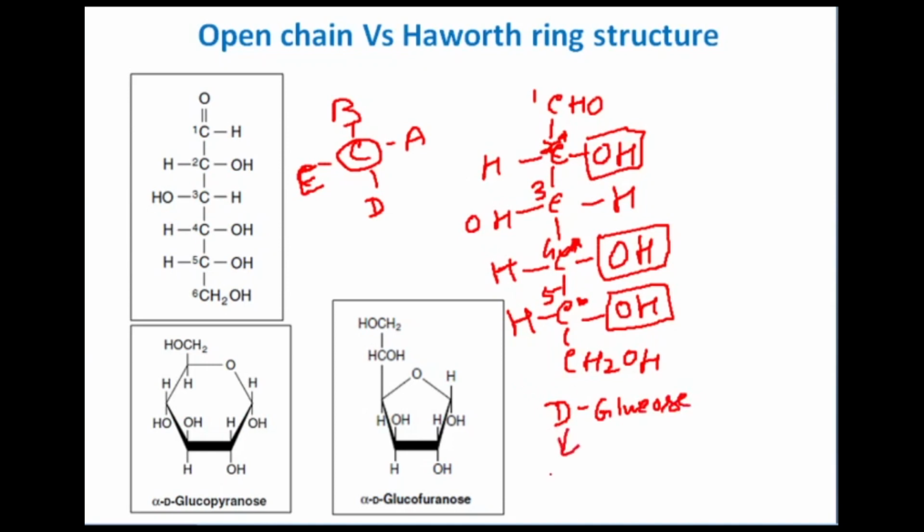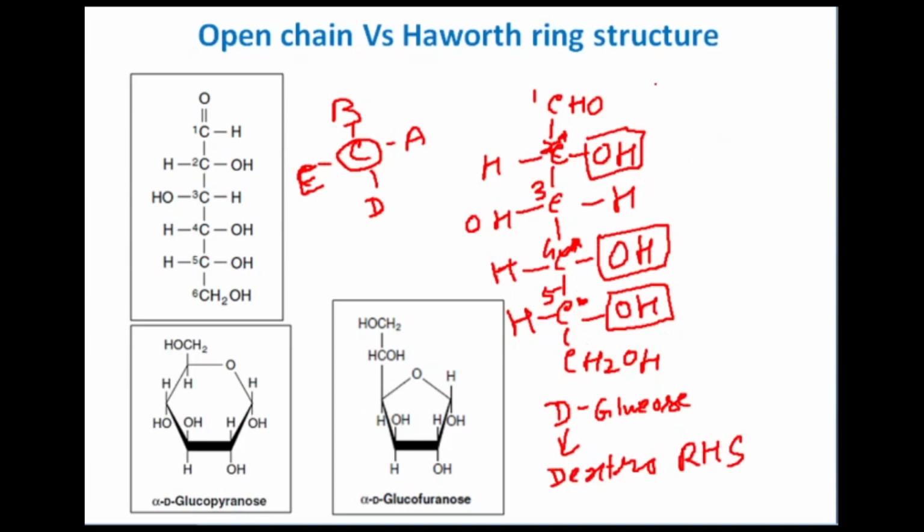D means dextro-rotatory, dextro, that is on right hand side. The presence of OH group on the right hand side of anomeric carbons.